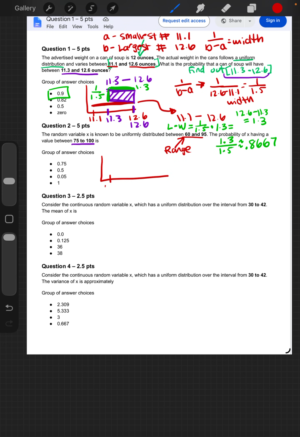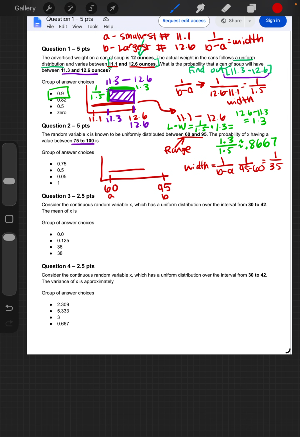So it's 60 to 95. And then we're going to look for our width. That's equal to 1 over B minus A. If A is the smallest, it would be 1 over 95 minus 60. That should be 1 over 35.